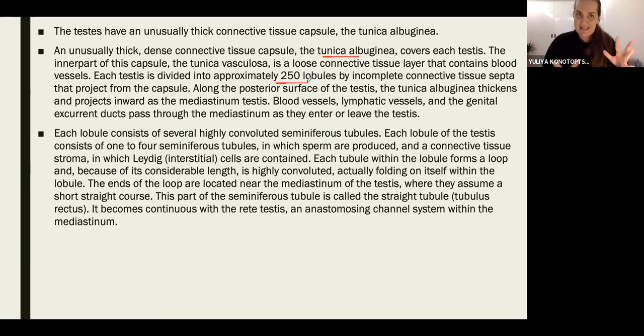In the seminiferous tubule, I make spermatozoas, but where do they go next? Next thing, they go to tubuli recti. And where is tubuli recti? It's in the connective tissue septa. It's inside of the septa. So that's a big help for us histologically, right? So we can actually identify septa. In it, we see a duct. This is tubuli recti. This part we talked about.